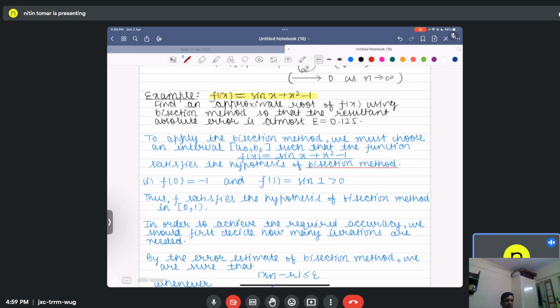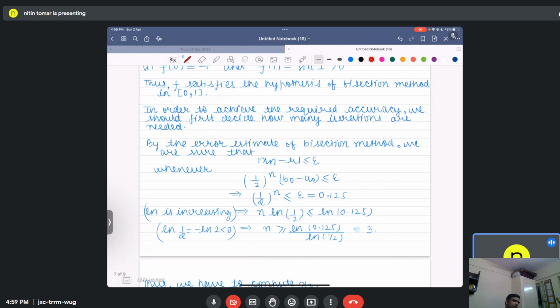Now you see, what we did in this example can be done in general also. Given an error bound, you can always find an n such that the nth iteration will be the one for which the resultant error will not exceed the given epsilon. Okay, so you can always do that.